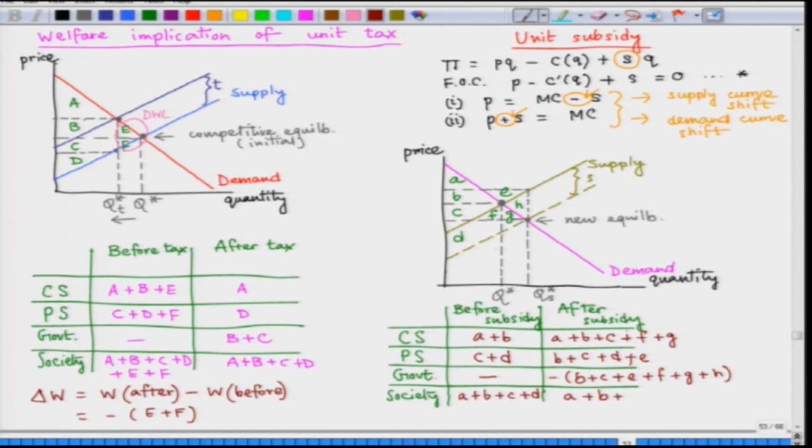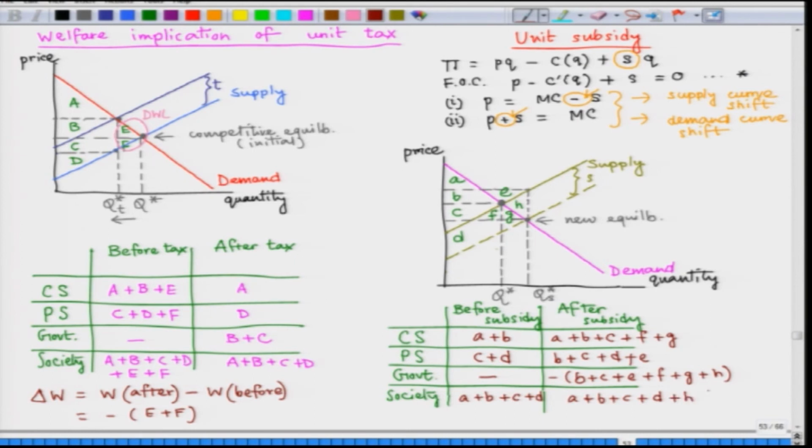So, now before the subsidy imposition, the welfare was A plus B plus C plus D. Now, in this case, after the subsidy is given, the society's total welfare becomes A plus B plus C plus D plus H, right.